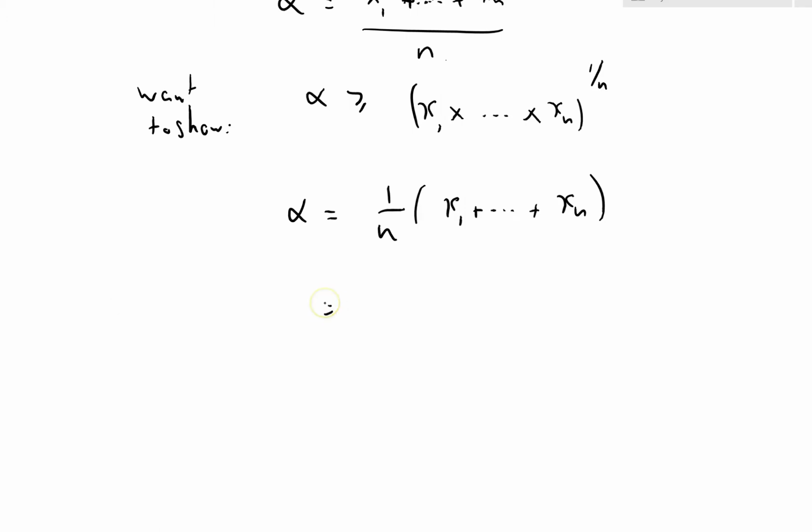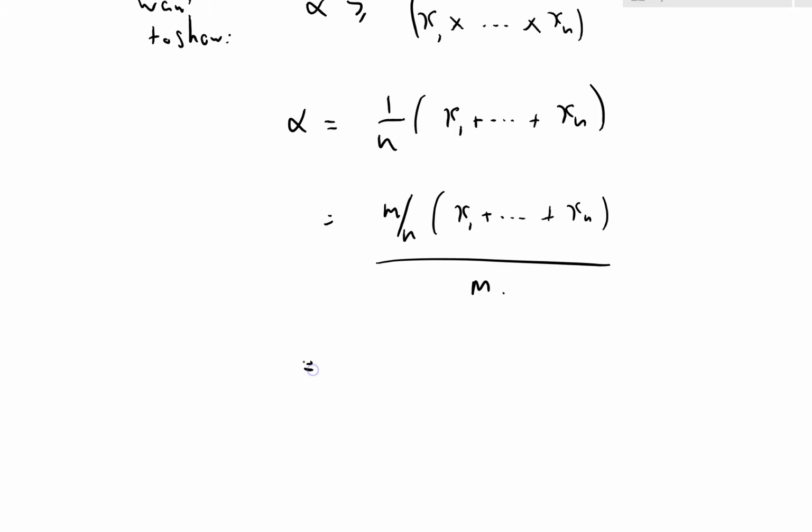Well, that equals m over n times (x1 plus through to xn) over m. The reason is that I want this m on the bottom, because that's the hallmark of an arithmetic mean of m variables, and then I can apply the arithmetic geometric mean inequality to m variables. That equals (x1 plus all the way through to xn plus (m minus n) over n times (x1 plus ... plus xn)) over m.